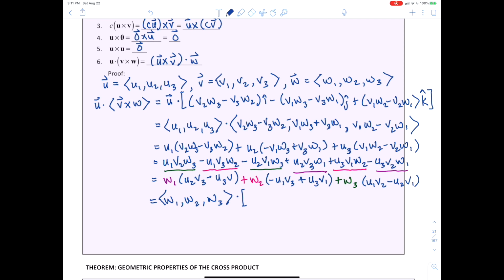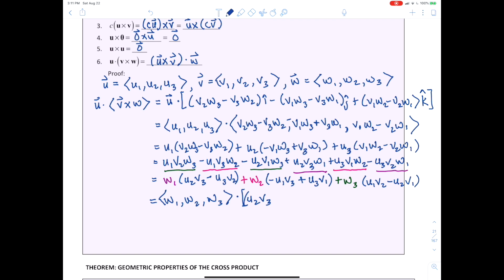The first one's all good. U2 V3 minus U3, I forgot my V2 on that first one. So much subscript.